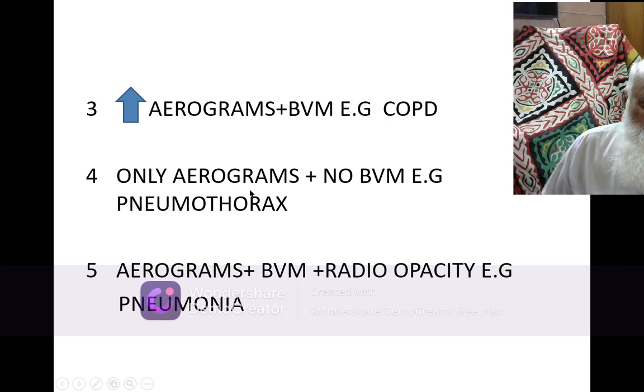It means pneumothorax or a bulla. Fifth condition: there are aerograms, there are BVM, but plus an alien radiopacity, for example pneumonia. These are the fifth type of disease. So all lung diseases are divided into 5 groups according to radiological parameters.